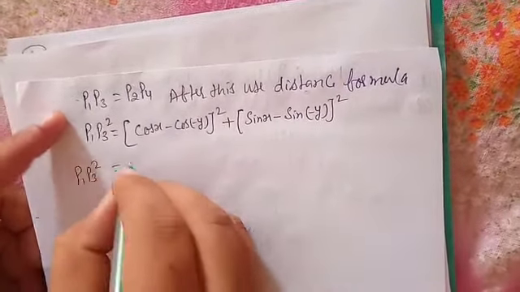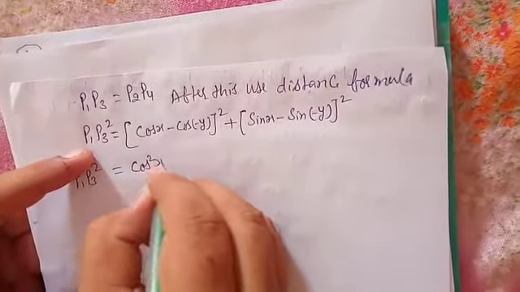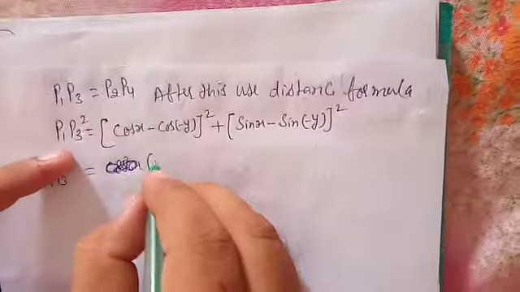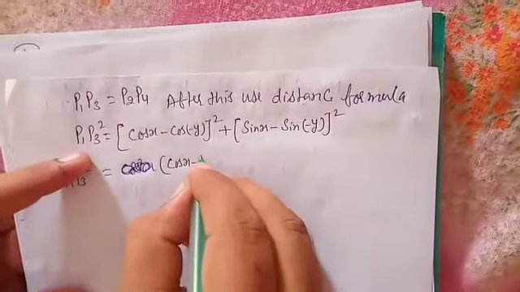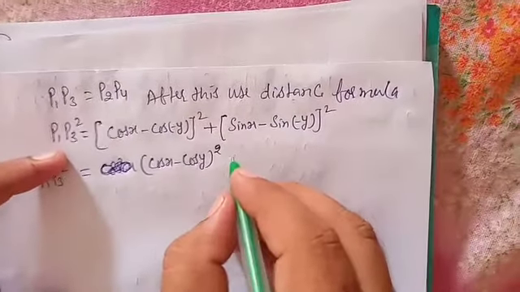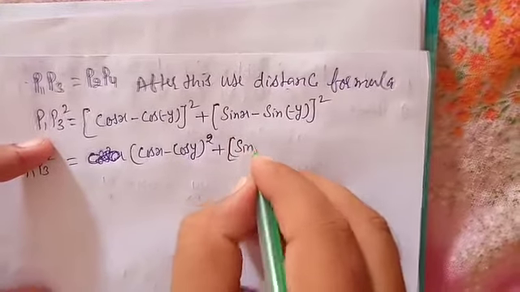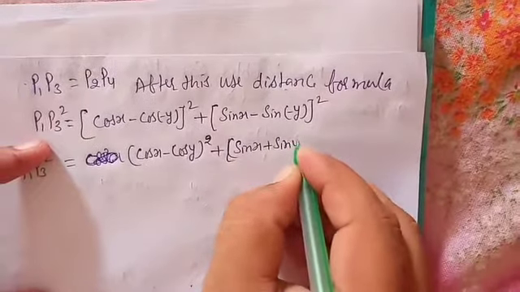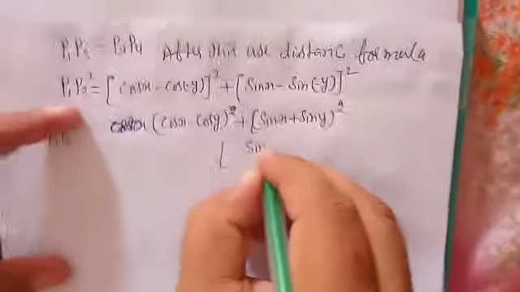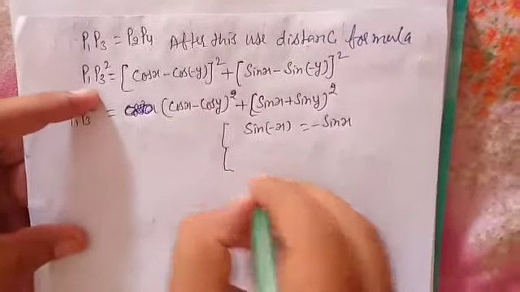P1P3 square is equal to what? Cos square x, or this you can write one more formula: cos of x minus cos of y whole square, plus what you can write? Sin of x plus sin of y whole square. The reason is this: sin of minus x is equal to minus sin x, or not?